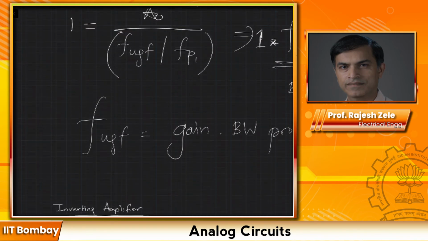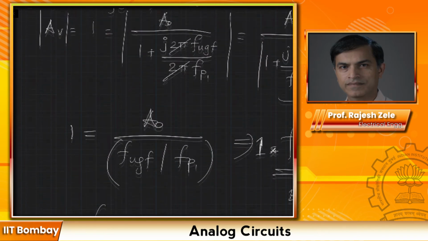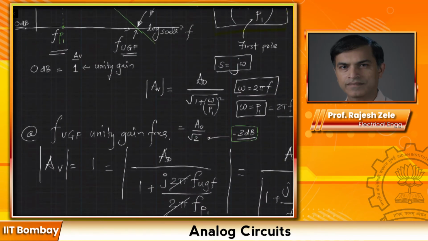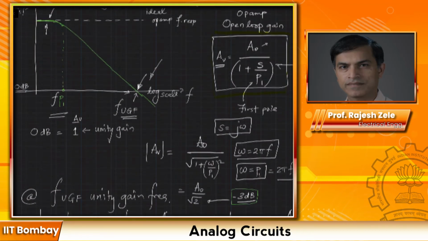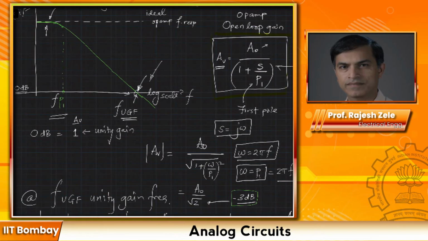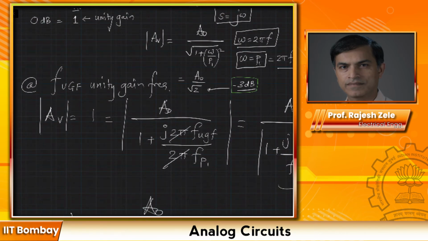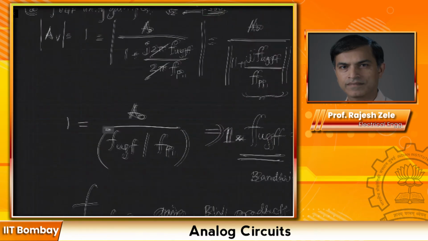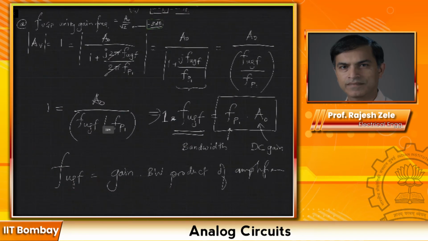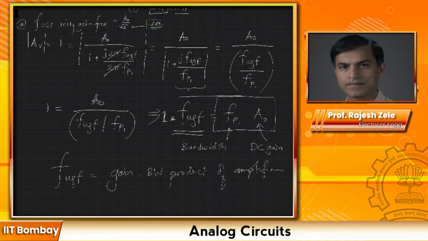I'm showing it in red now. So A0 P1, or FP1, is equal to the unity gain frequency. If this is F, then this is F. If this is omega, then the unity gain frequency part here will also be omega. Okay, that's just multiplication of 2 pi.